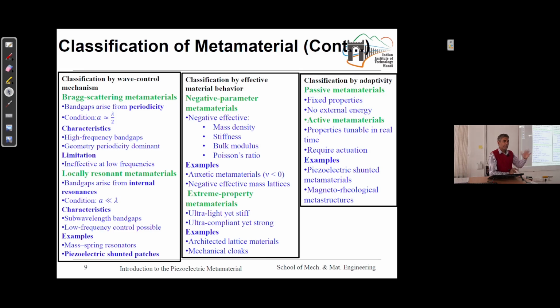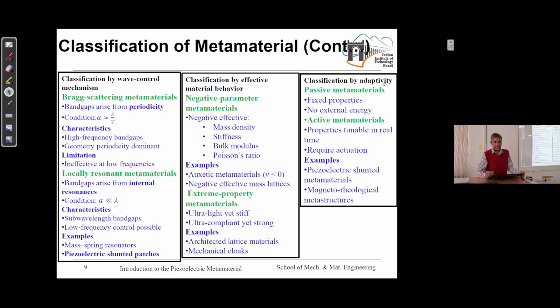If you have rho high, then you also have K high. But in the case of metamaterial, we can have this reverse trend. We can have rho 0, and we can have K according to our requirement, right? Similarly, we have ultra compliant yet strong, right? You can see examples: architected lattice materials and, say, mechanical clocks.